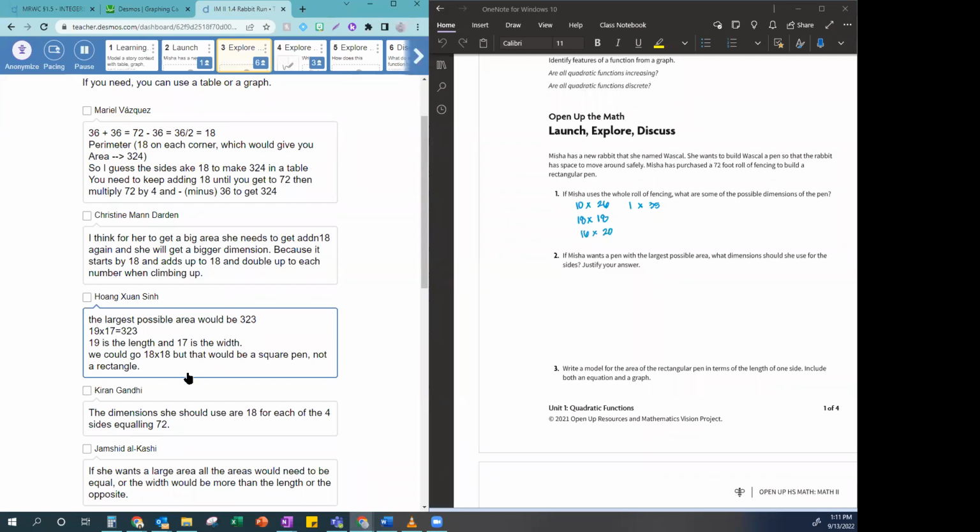Oh, but this person explains we could go 18 by 18, but that would be a square pen, not a rectangle. So technically, I'm going to tell you this, and I told one of my students this, and it was so cute how he responded. Technically, every square is a rectangle, and I can prove that. Because the definition of rectangle is it's a quadrilateral, that means it has 4 sides.